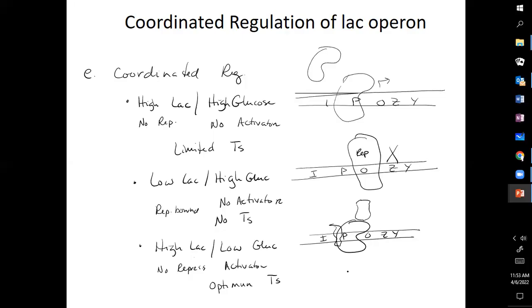And I guess we have one final situation. Which one are we missing? Oh, low lactose and low glucose. Let me go ahead and just erase one of these and do a new one.